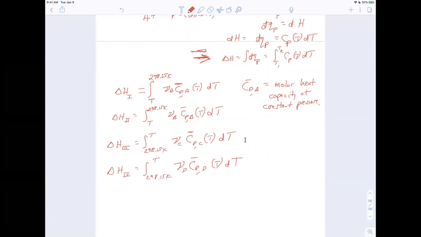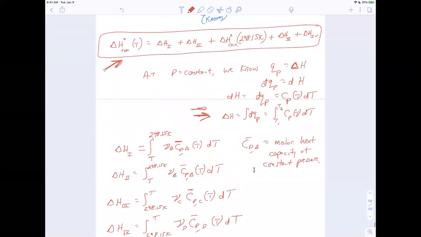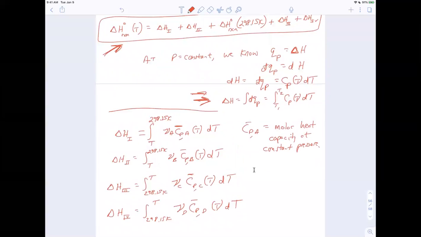And of course, we know delta H of reaction at 298.15 K. So any questions on that? Any questions at all? Okay, so at the end of the day then, there you have it. You don't really have to make anything more complicated.